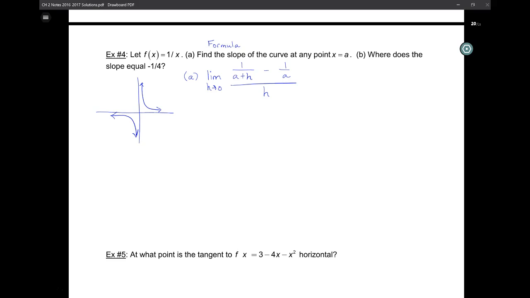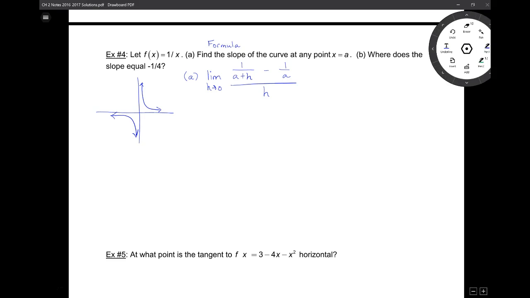So, are we okay with that? Good. Okay, great. Now, we got to do some algebra to try to get rid of that h on the bottom. So, right now, what we have to work with is a complex fraction, meaning you have a fraction within a bigger fraction. So you want to think about what can I do to try to simplify that. Simplify the top. Okay, let's do that.